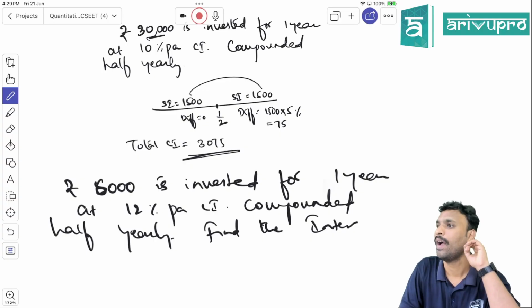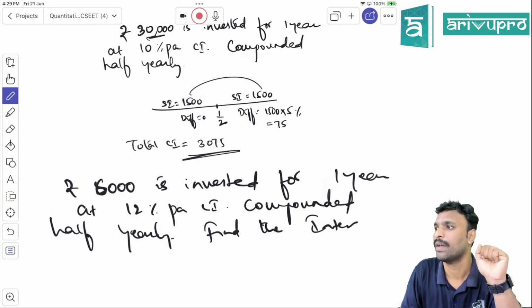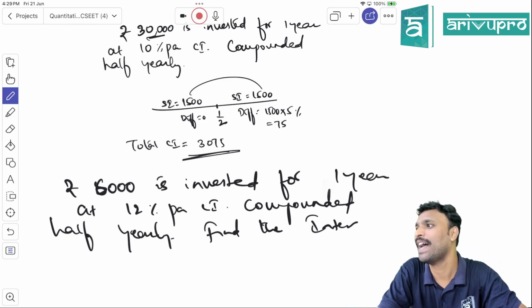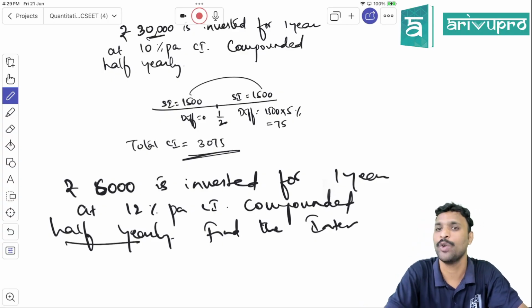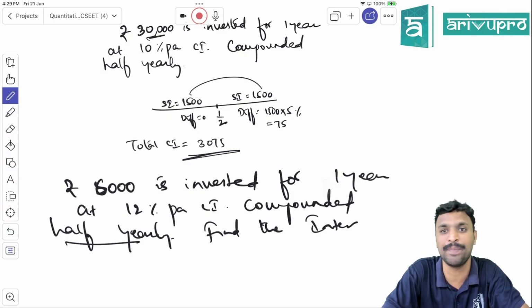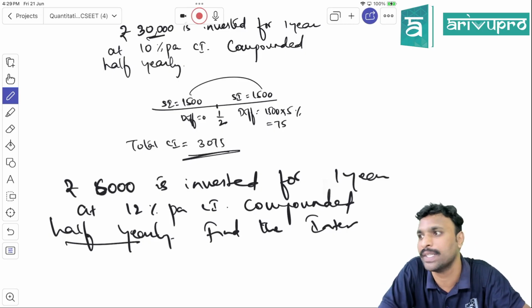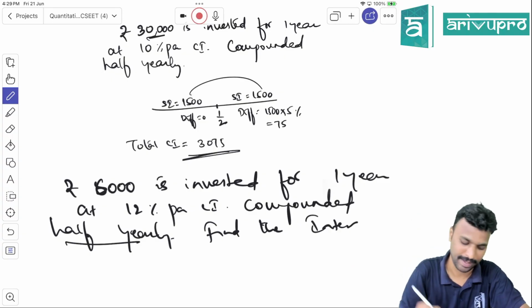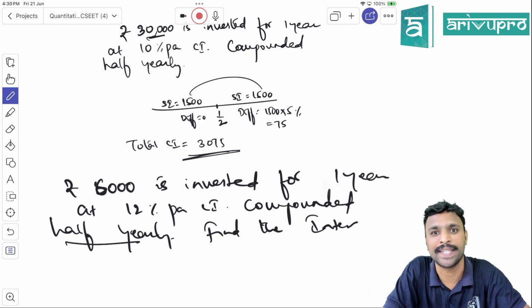Tell me, the first half year SI is how much? 6% on 60,000. It is not 12%, because it is half yearly, you get only 6%, half of 12%. 1% on 60,000 is 600. 6% is 600 into 6, which is 3,600.